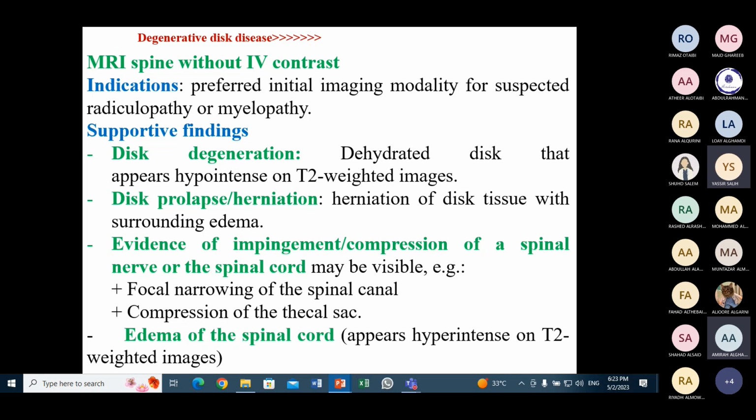It is a preferred initial imaging modality for suspected myelopathy or radiculopathy. الراديكولوباثي دي ايش؟ اللي هي pain due to affection of the spinal nerves اللي هي spinal root. لكن اذا كان البين due to compression of the spinal cord دي بنسميها myelopathy. اذا the indication لنعمل MRI اذا البيشنت عنده myelopathy or radiculopathy.